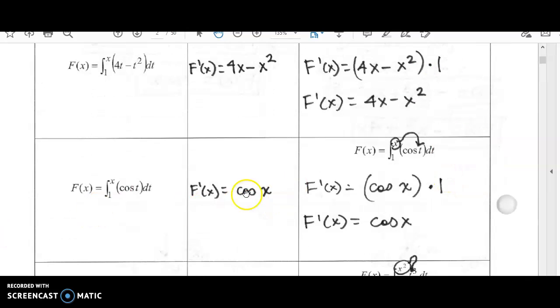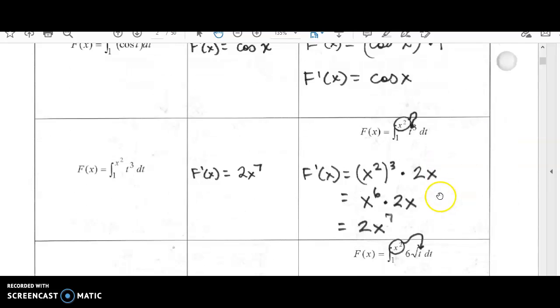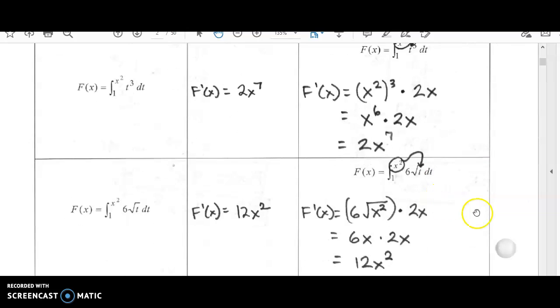Same thing with this problem. The derivative of capital F, the antiderivative and the derivative cancel, and you just replace the t with the x times the derivative of x, which is 1. You can do the same thing on the next two. I believe I did a decent enough job of explaining the steps that you will eventually be able to do this rather fluidly.